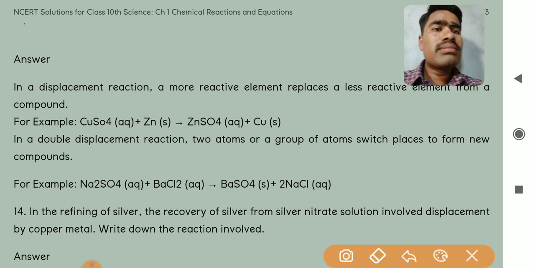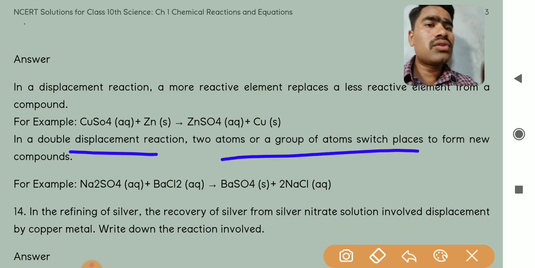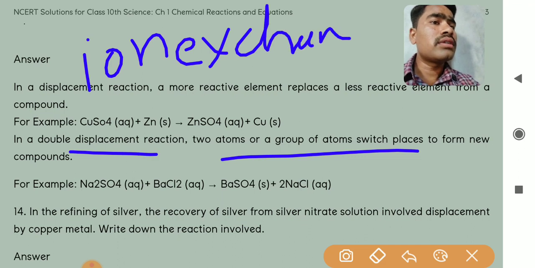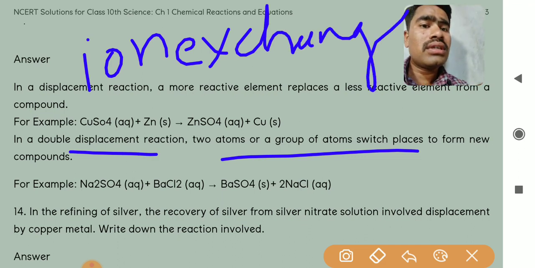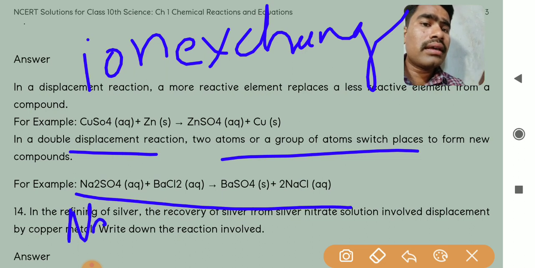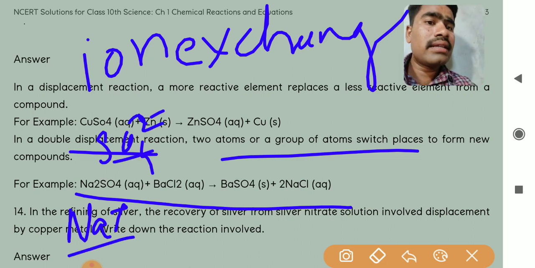In a double displacement reaction, two atoms or groups of atoms switch places to form a new substance. In another way, it can also be called ion exchange. If you see in this given example, Na plus is the cation and SO4 2 minus is the anion.